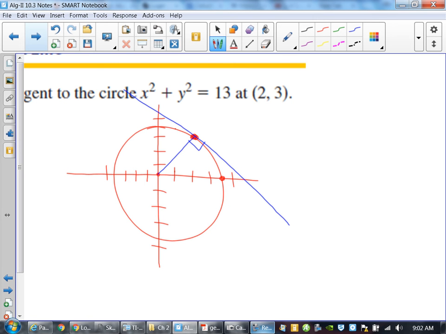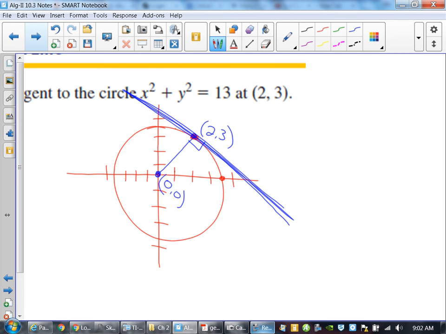That's where this comes back into play. What we know is that the center of the circle is at the origin, at 0, 0, and this point here is at 2, 3. And what I want to do is find the equation of the line here.